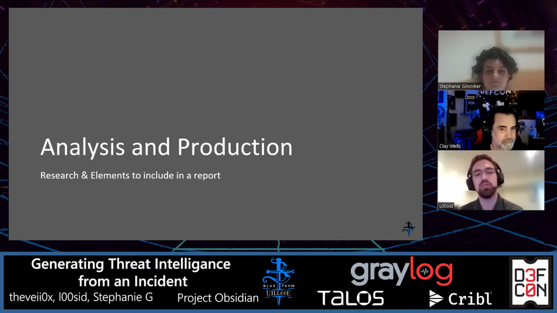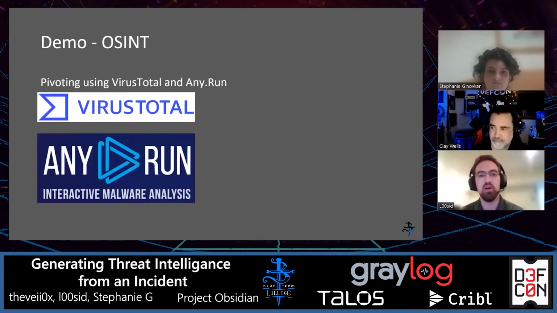And open source intelligence can be visualized and analyzed with a lot of different tools, platforms, and models. I'll have a demo here of a couple of those tools, VirusTotal and AnyRun, which provide sandboxing and visualization of IOCs.